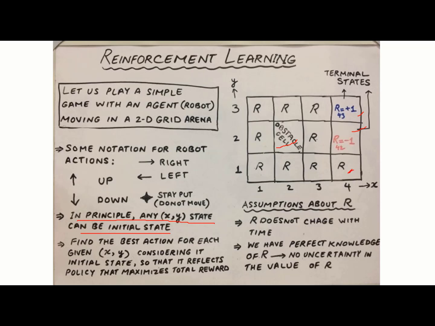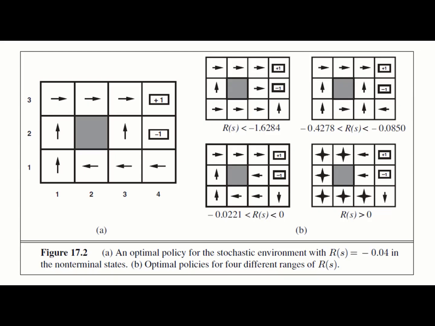Then we wish to find out the best action for each x, y state, considering it as the initial state, so that it reflects the policy that maximizes the total reward. So let's take an example and see what we actually mean by these statements. This example is taken from the textbook, figure 17.2.